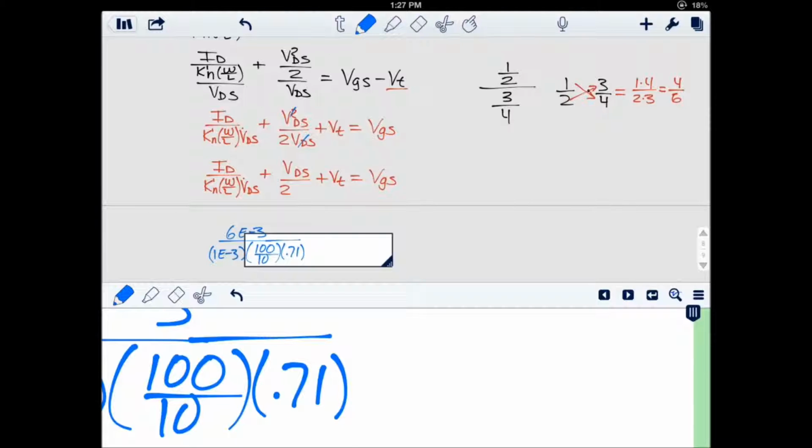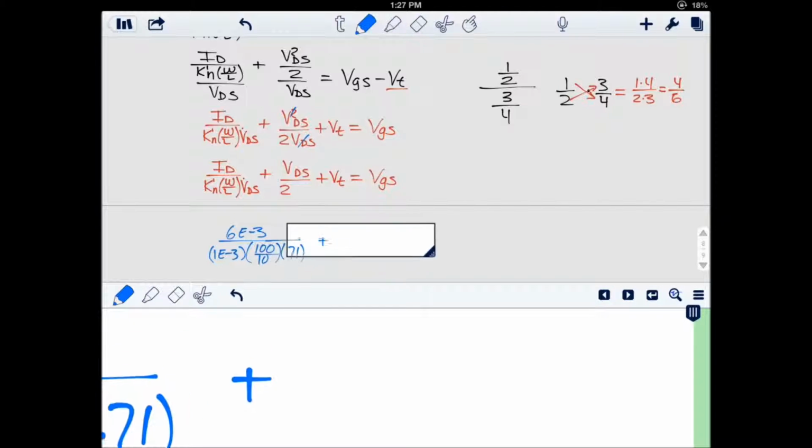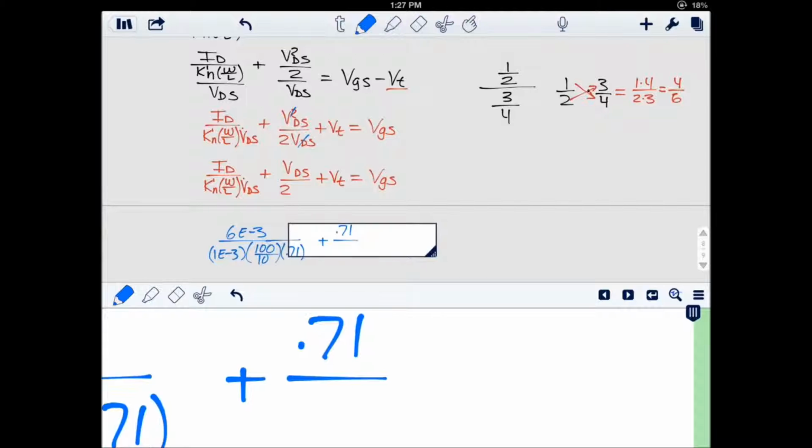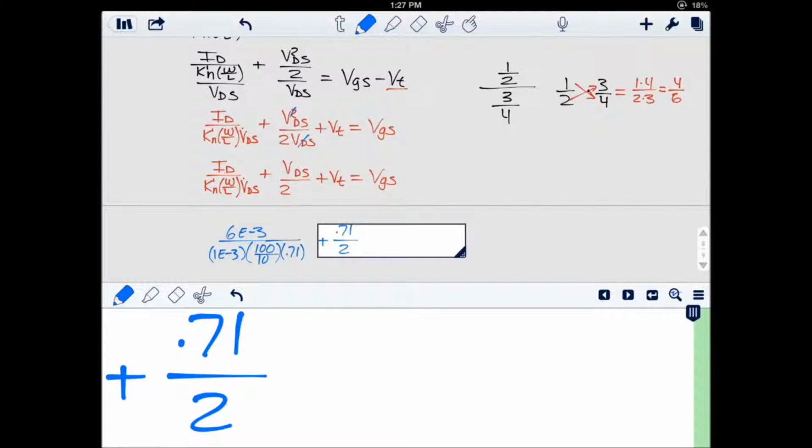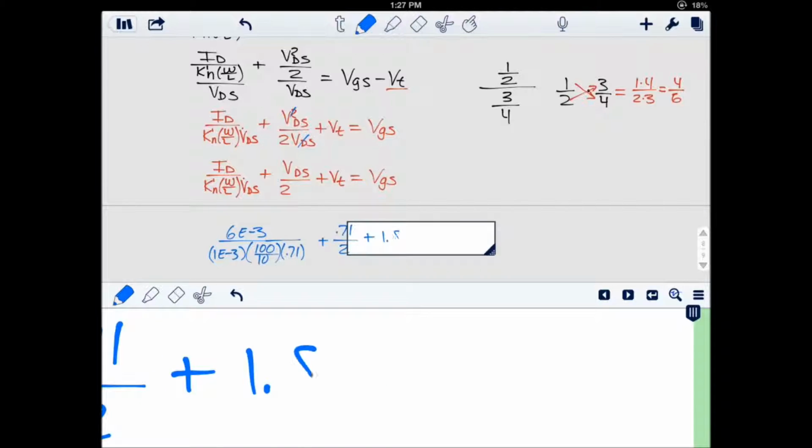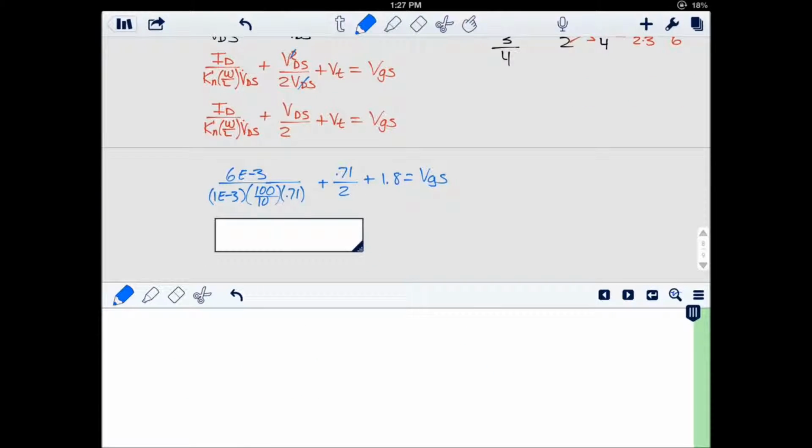VDS is 0.71. That's 0.71 over 2 plus 1.8. If I'm not mistaken, this should be 3 volts.